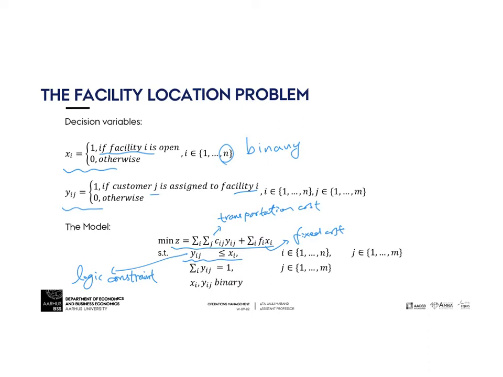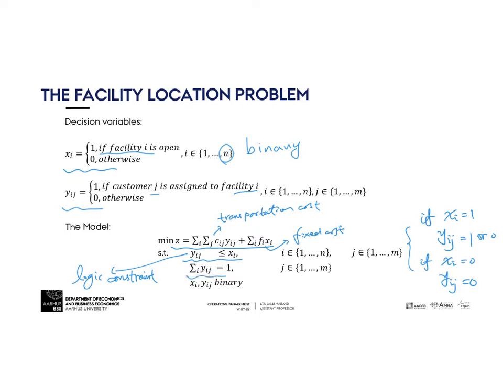Here, basically y_ij less than or equal to x_i makes sure that if x_i equals 1, that means facility i is open, then y_ij can be 1 or 0. And if x_i equals 0, then y_ij must be 0. So that's actually the meaning of this constraint.